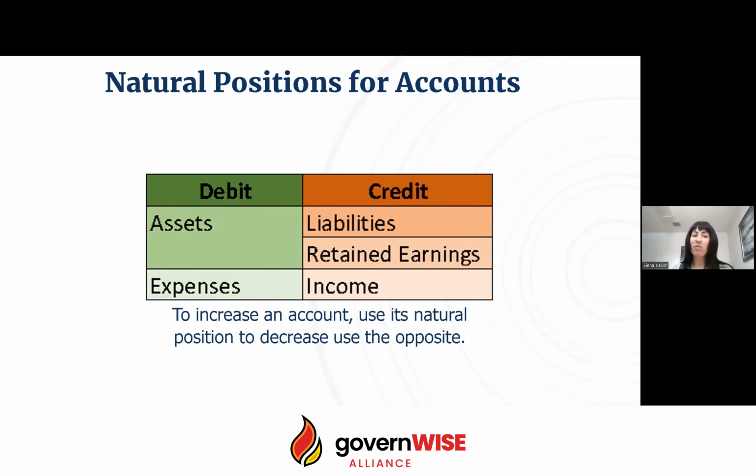But if we want to decrease them, we're going to go the opposite way from the natural position and credit the expenses. Again, this is all very technical. If you get lost, really don't worry about it. This only is valuable when you go into practice making journal entries.